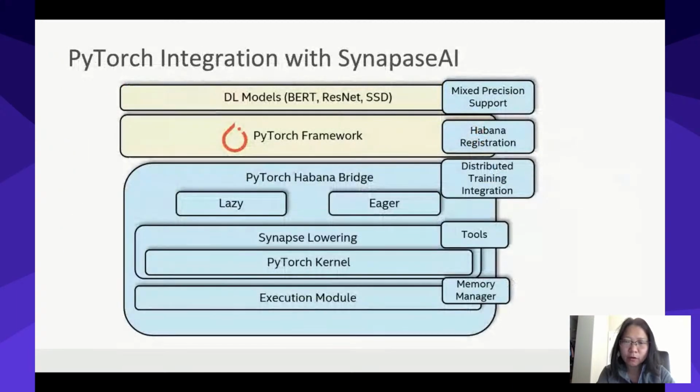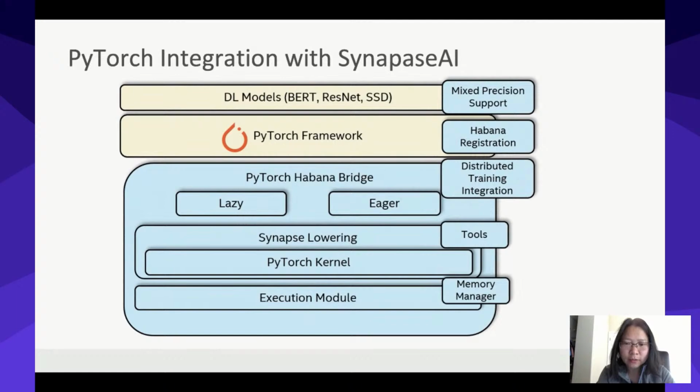So here I want to talk a little bit more about the PyTorch integration with the Synapse AI. For the PyTorch Habana, we provide some additional features in addition to what the PyTorch public framework already offers. We provide an additional mode called lazy mode.